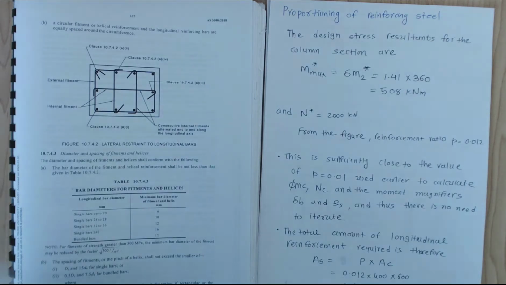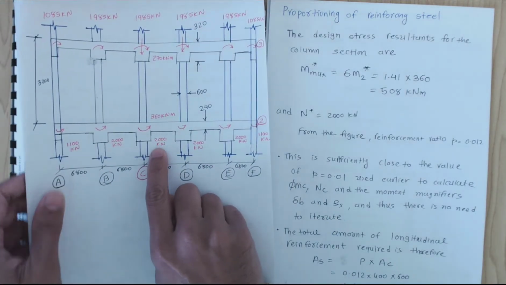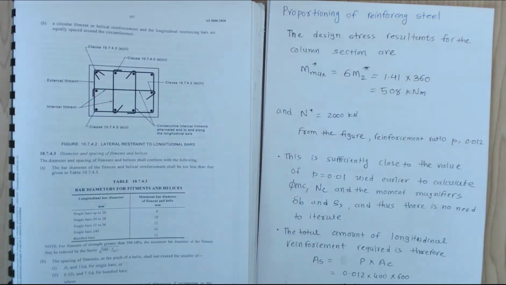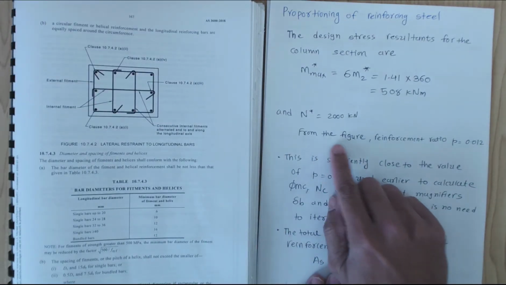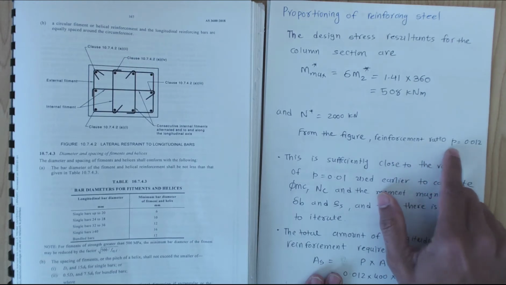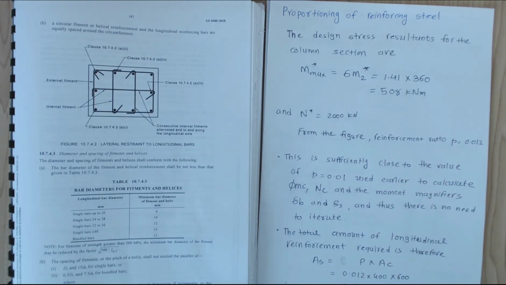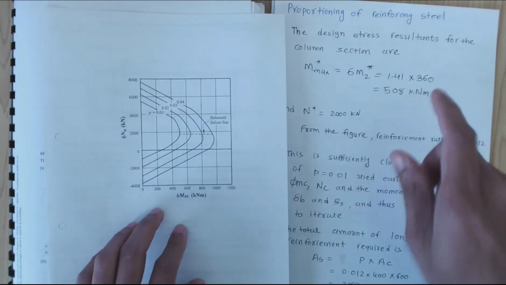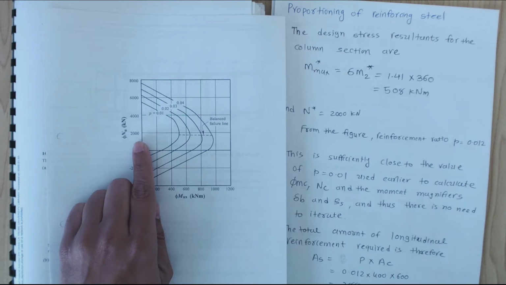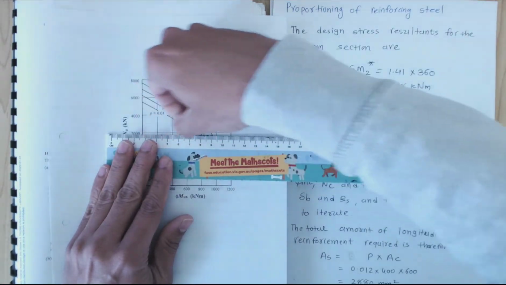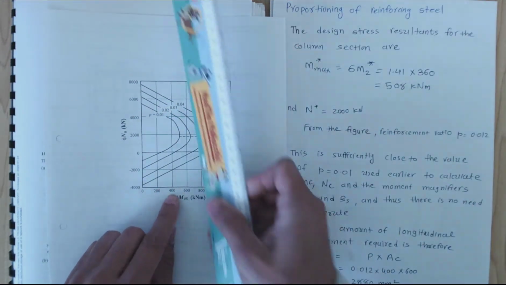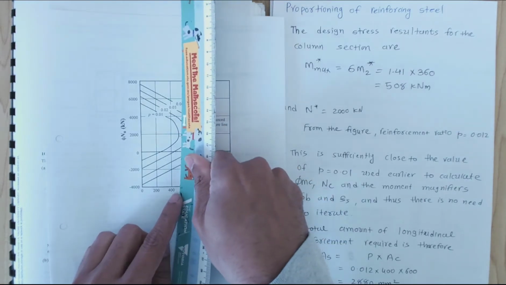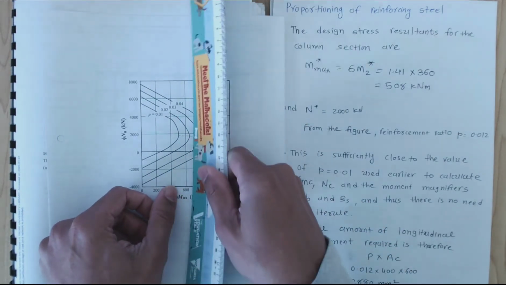The design axial force is 2000 kilonewtons, given here, and we are designing this column, so we are taking 2000 kilonewtons. From the figure, reinforcement ratio p equals 0.012. Which figure am I talking about? The one that we use here. For 2000 kilonewtons and 508, if I draw the line here, between the 400 and 500 lines, it would be about 500.